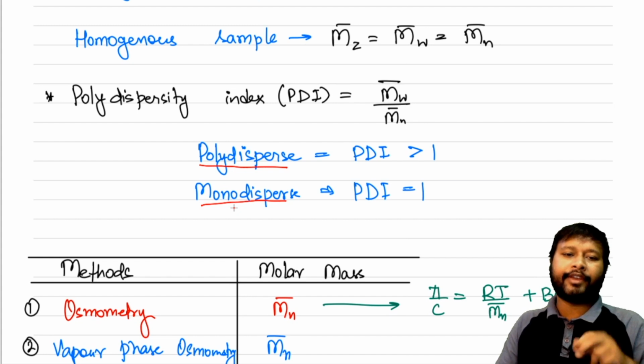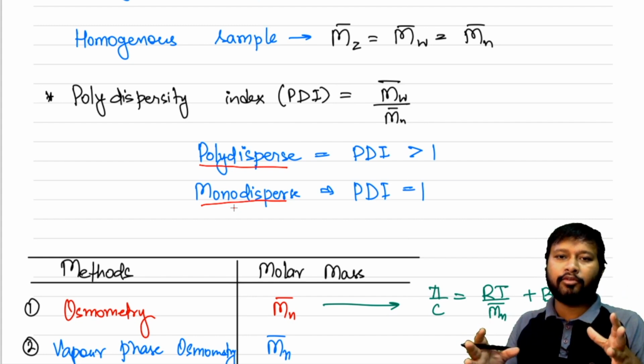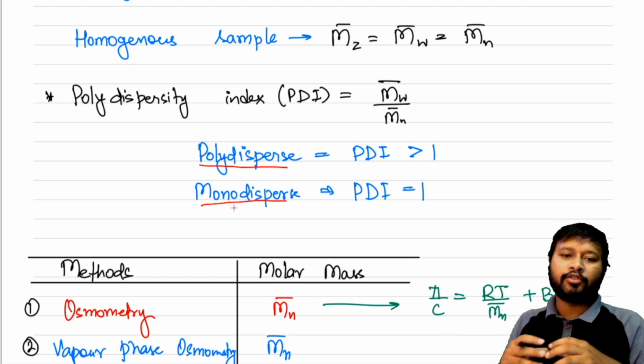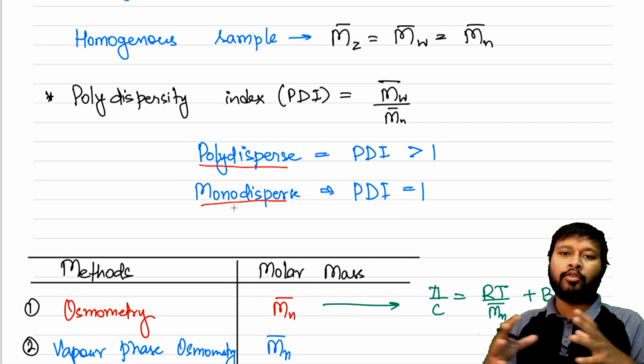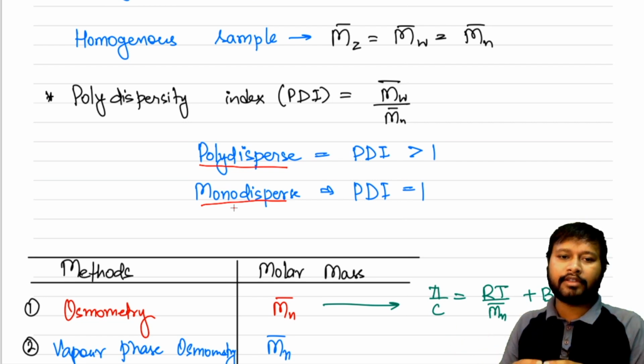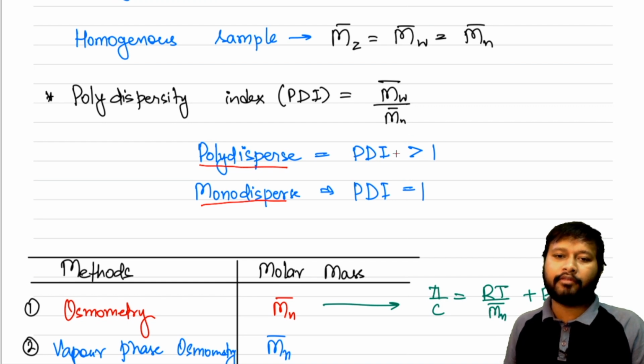So there are two phases, polydispersed phase and monodispersed phase, dispersion in the fluid. If the dispersion is happening in the monolayer form, that is monodispersed phase, and if it is happening in the polymeric form, we call it a polydispersed phase. Okay, so if the value of PDI is greater than 1, that is polydisperse, and if it is equal to 1, that is your monodisperse.